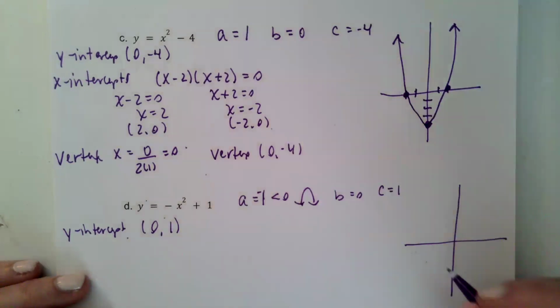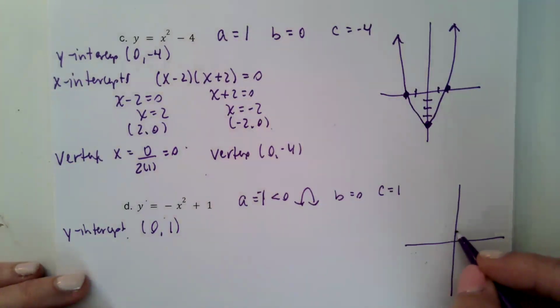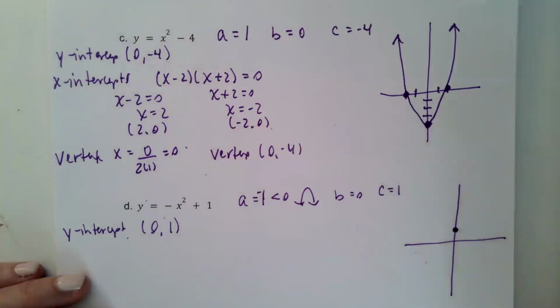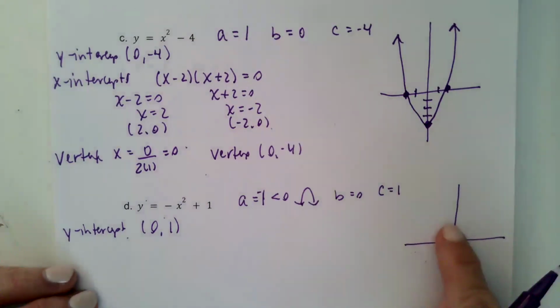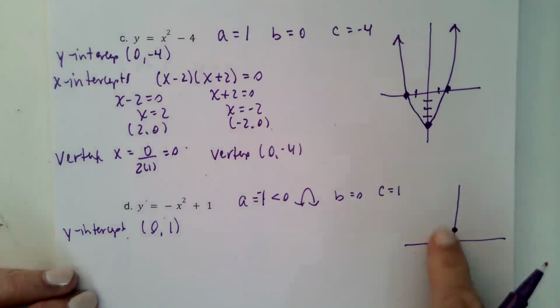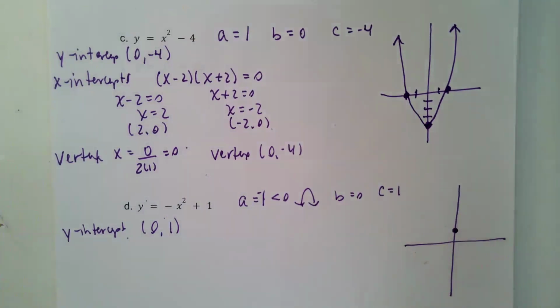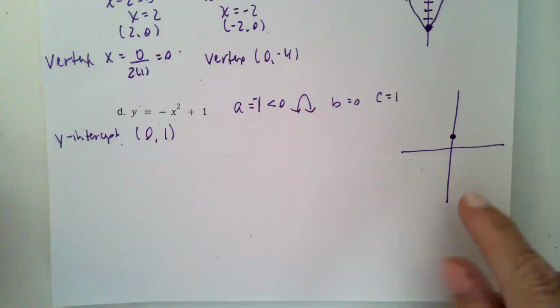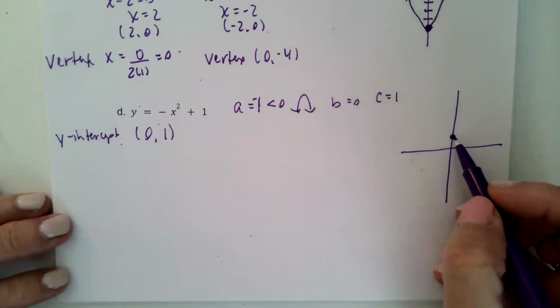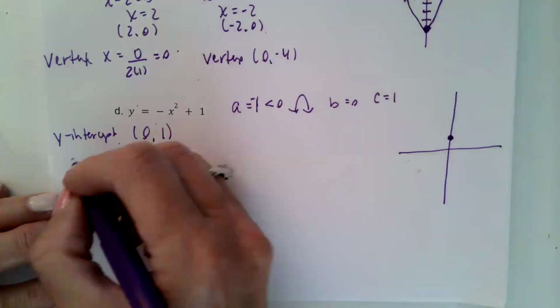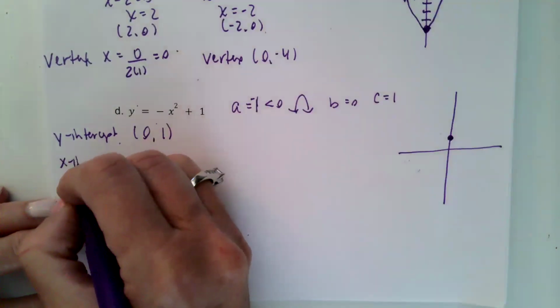And so the y-intercept is at (0, 1). So we know that it's going to cross the x-axis because it's face down, and the y-intercept at least is above the x-axis. So I know there's some x-intercepts.